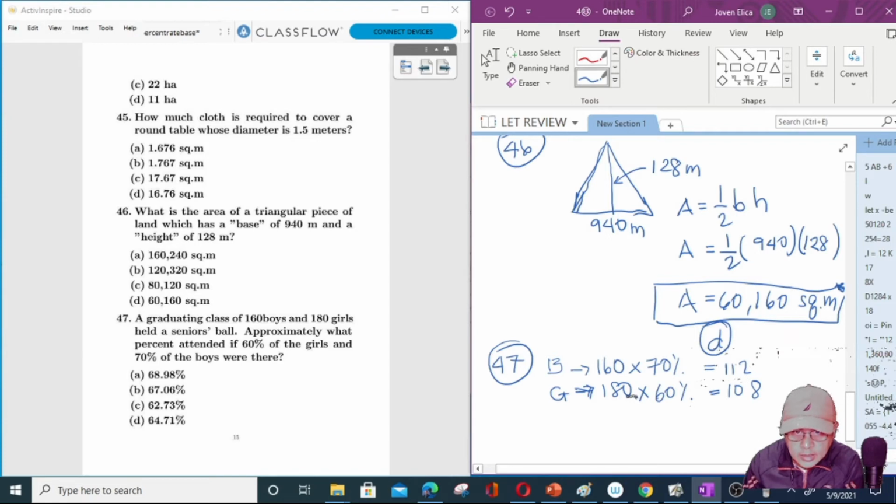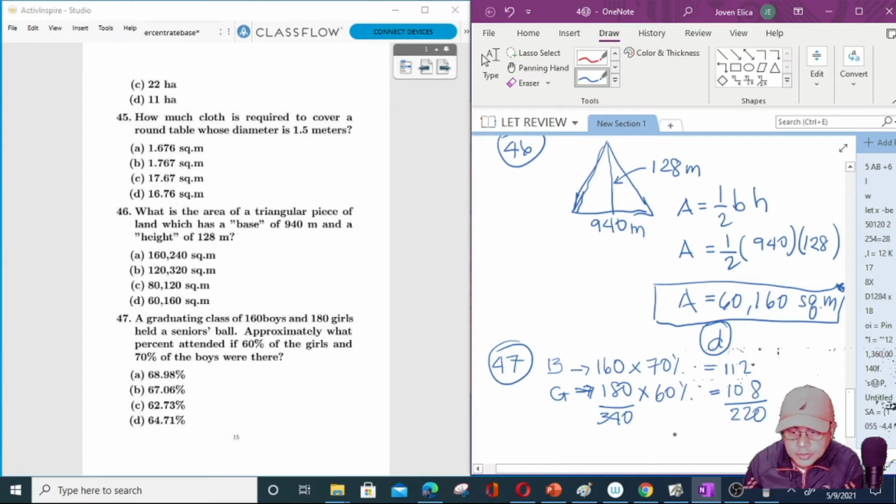So the total attendance all in all is 220 out of 340.